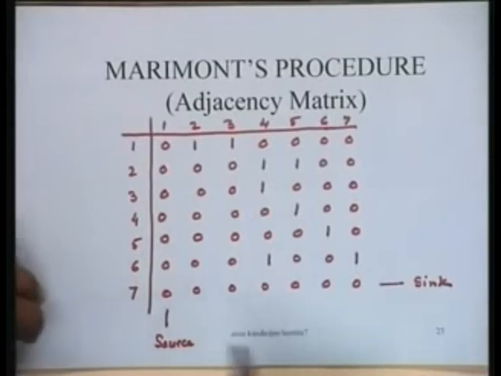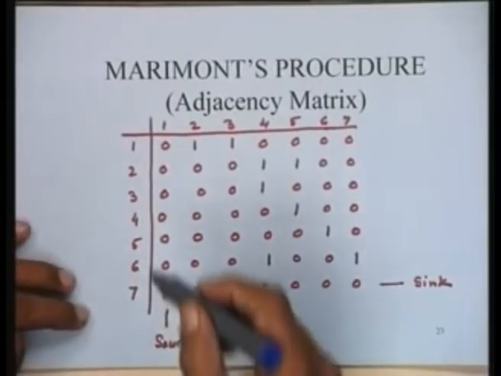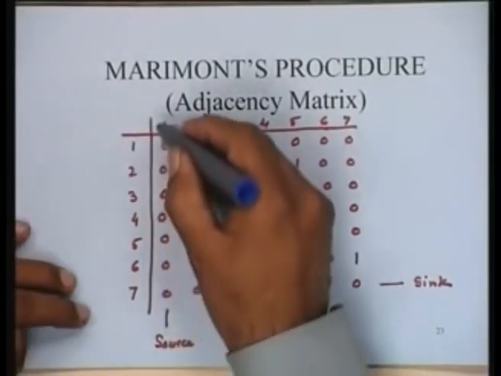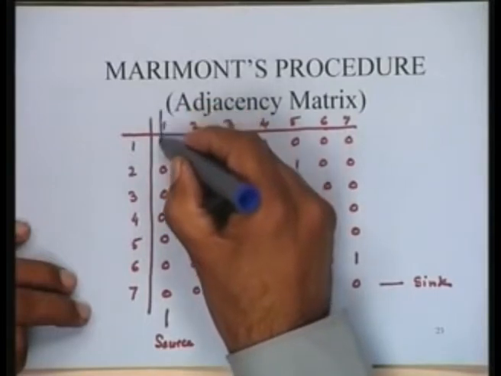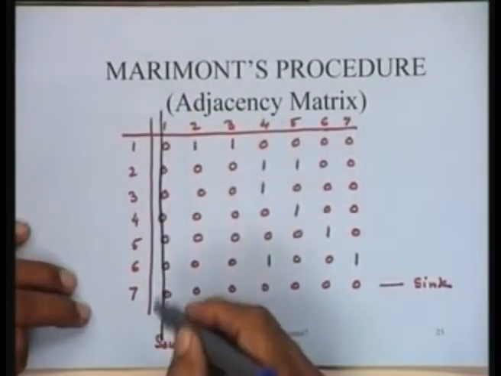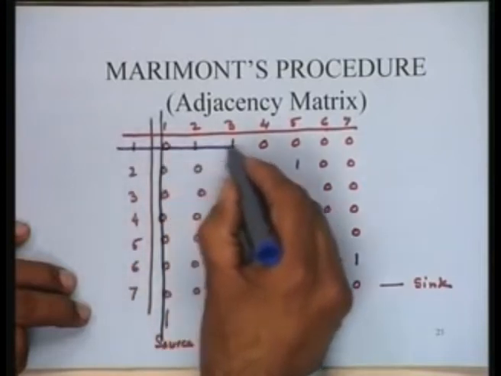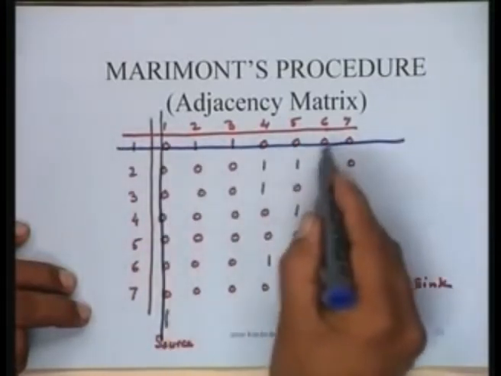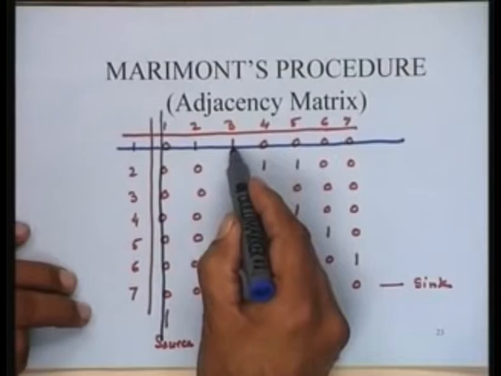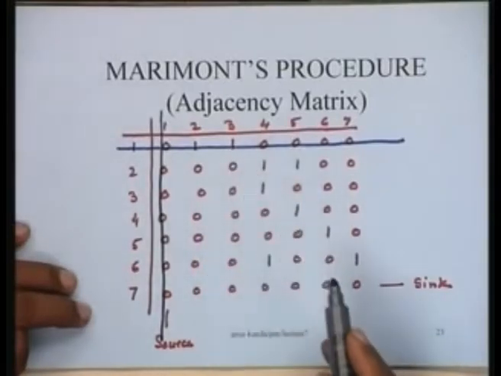How do you do that? For instance, node 1 is a source. So what I do is I delete column 1 and the corresponding row 1, and the corresponding row 1 will automatically delete these 2 arcs, which were A1 and A2 in the original network.